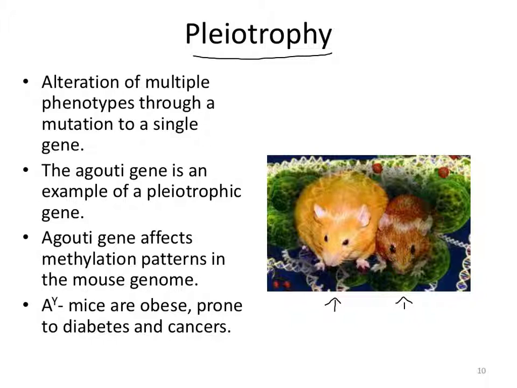And it turns out that they have other health problems too. They're very prone to diabetes, and they're very prone to cancers. We know now that the agouti gene affects methylation patterns in the mouse genome, which controls expression of a variety of other genes, therefore affecting phenotype in many complex ways. So we refer to this scenario as pleiotropy.